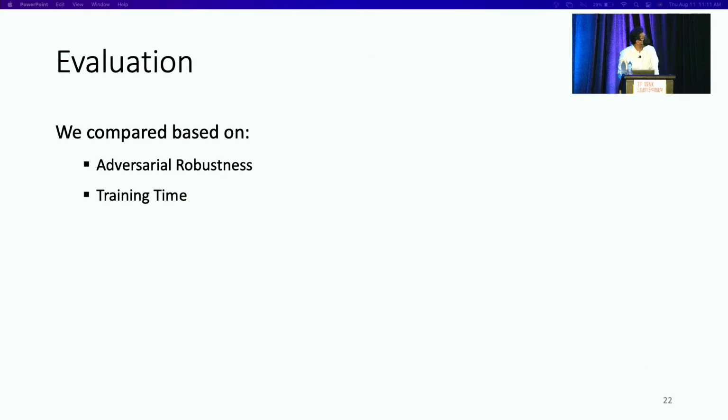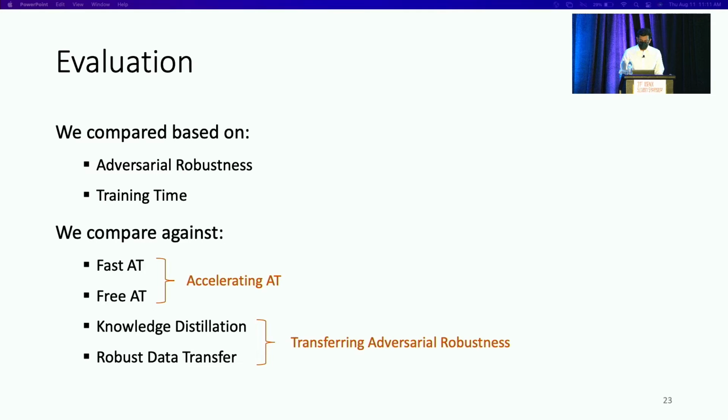To evaluate RRM, we compare it against prior works mainly on the basis of two metrics. One is the adversarial robustness, and the second is the total training time required to achieve said adversarial robustness. And we compare against prior works on not only accelerating adversarial training, the fast and free adversarial training, but also other methods that could potentially be used to transfer adversarial robustness.